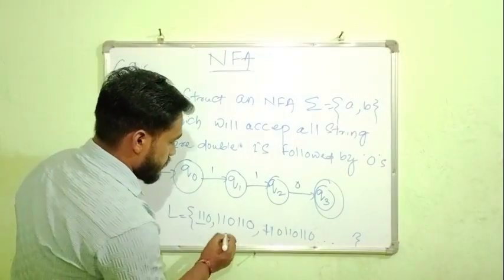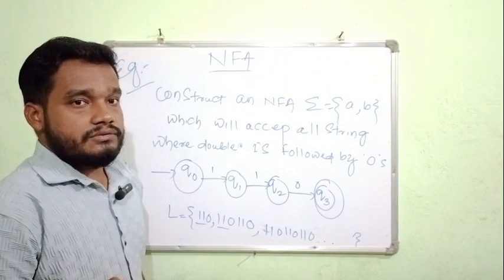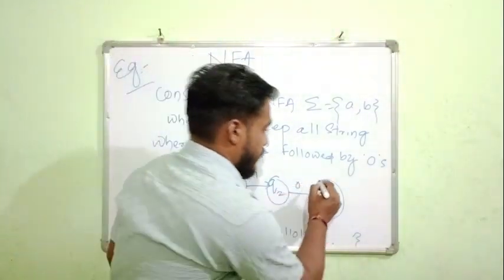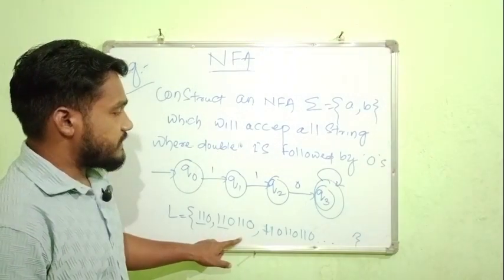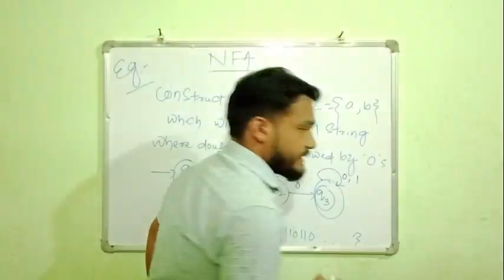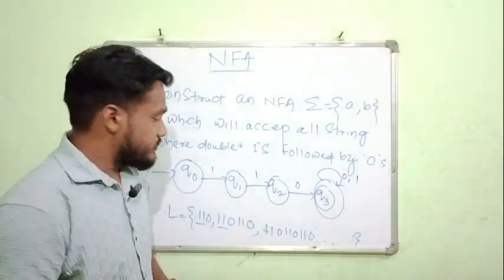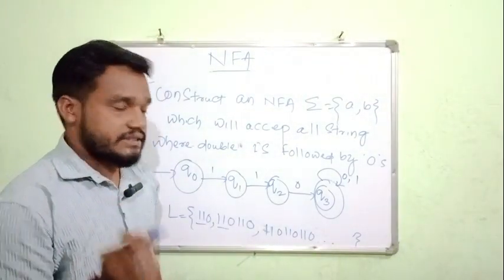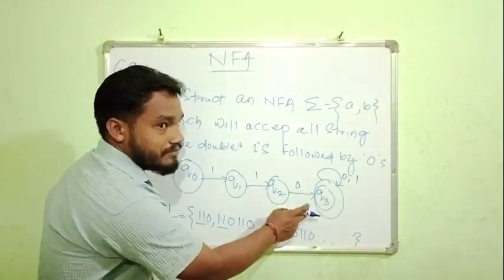The next one will be 110 110. How is it possible when we create an NFA machine? Let's have a look at how to create a machine which can accept all the strings on the basis of the question. If we put 0 or 1 here as a symbol in this transition, it can accept all the strings according to the question. The first minimum string, 110, is already accepted by the machine.